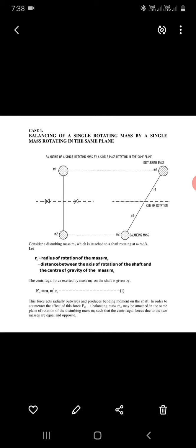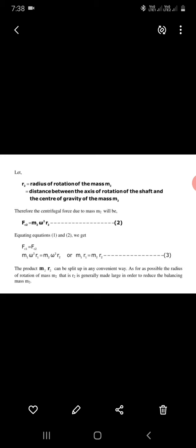So the centrifugal forces due to the two masses should be equal and opposite. Let r2 be the radius of rotation of mass m2, the distance between the axis of rotation of the shaft and the center of gravity of the mass m2. So centrifugal force due to mass m2 will be F2 = m2 omega square r2, equation number 2.